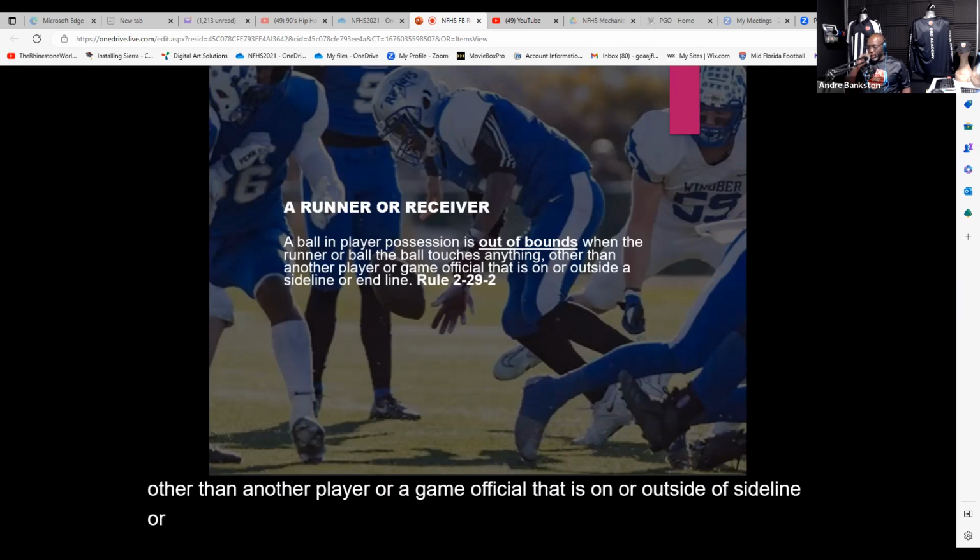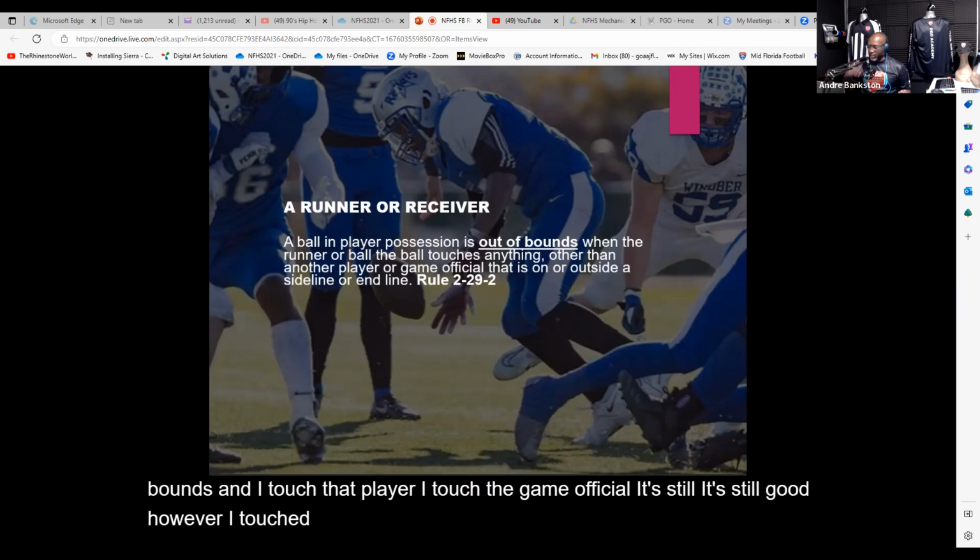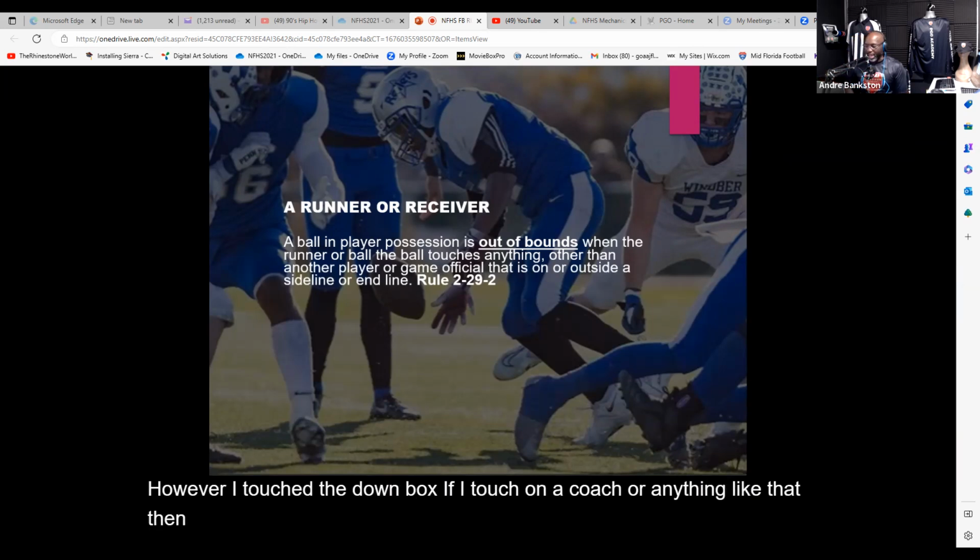So if I'm in possession of a ball and let's say a player is out of bounds and I touch that player, or I touch the game official, it's still good. However, if I touch the down box, or if I touch a coach or anything like that, then I'm considered out of bounds.